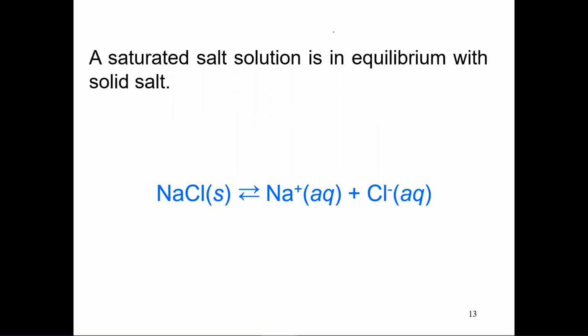Now let's look at a saturated salt solution. Here you have sodium chloride in solution with water. Essentially, some will dissolve and, at the same time, recrystallize.